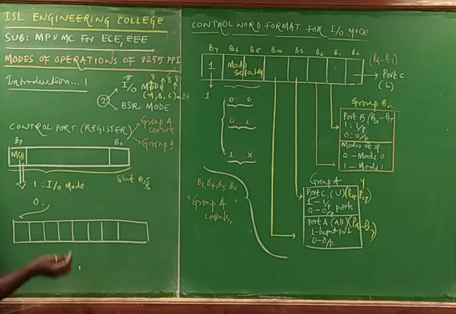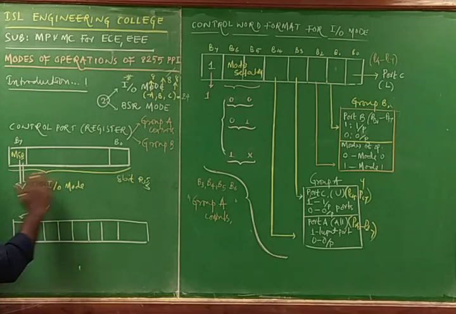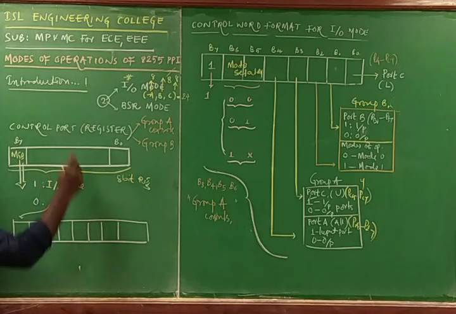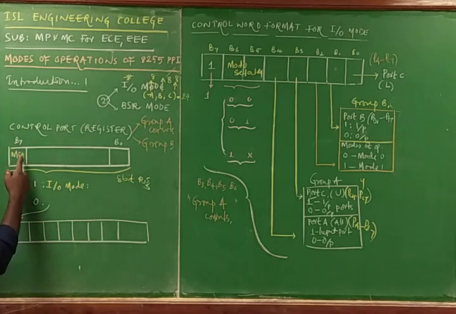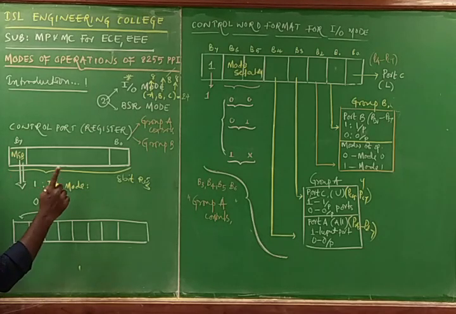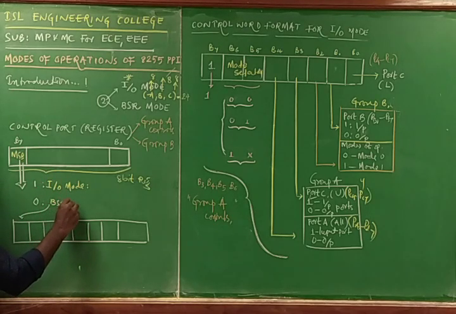That means the programmer has programmed this control register with MSB as 1, so the 8255 is going to operate in the IO mode, and whenever the programmer programs this control register MSB with 0, then the 8255 is going to operate in the BSR mode. BSR stands for bit set reset mode.